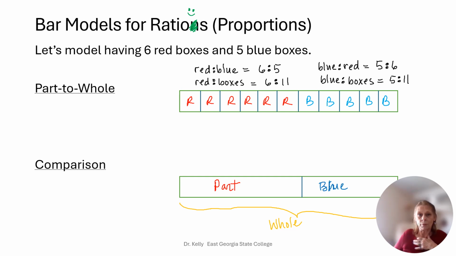Anyway, it doesn't feel quite as useful as maybe the part to whole model, but it can be very useful when comparing if the sizes are the same, like if 2 to 3 is the same as 4 to 6. So something like that could be helpful for that.